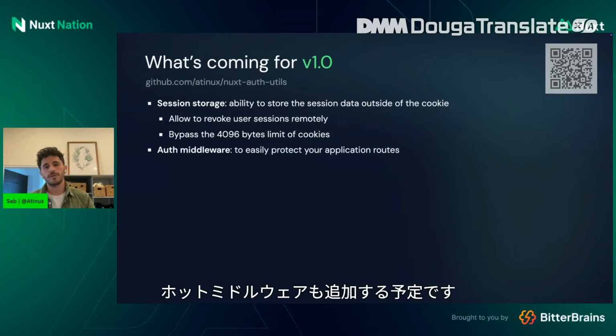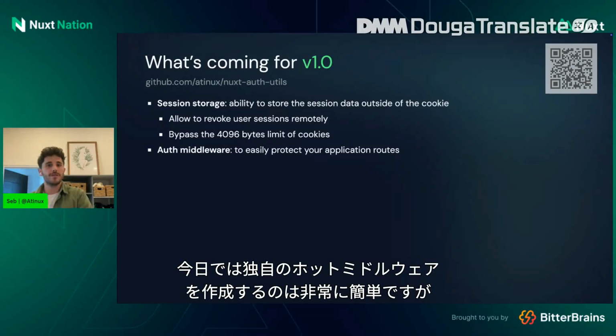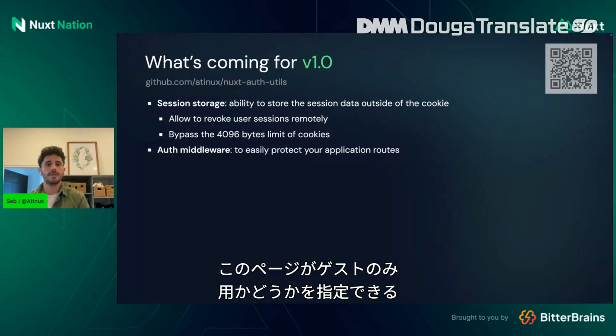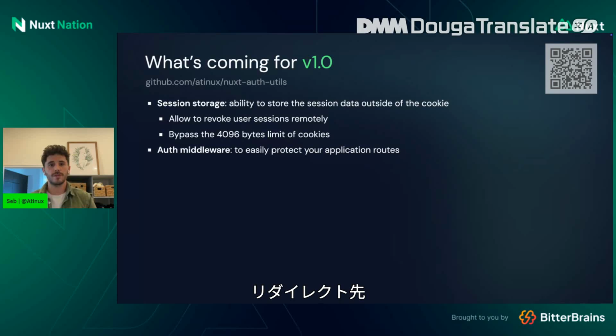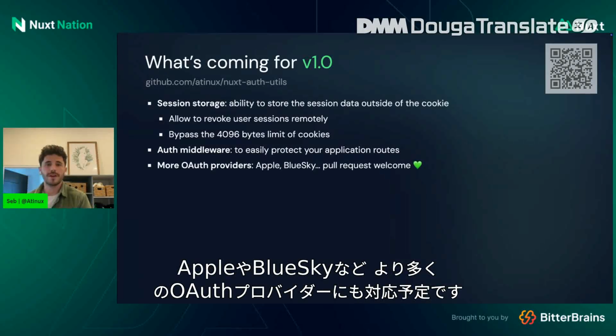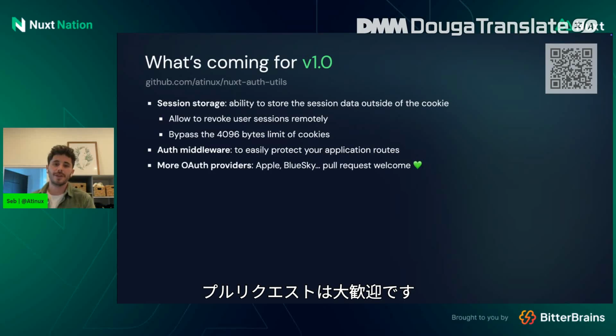I will also add an auth middleware, even though today it's very easy to create your own auth middleware. I'm thinking of giving it a default one where you can specify if this page is for guest only, or where do you redirect the user if they're connected or not. More OAuth providers, Apple, Bluesky are on the list. The pull request is more than welcome.